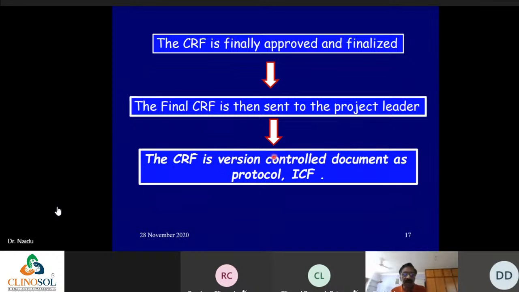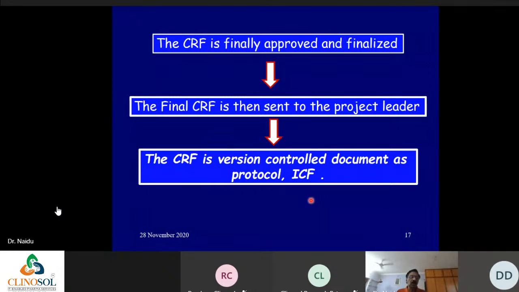given version control, like the protocol and ICF, because the protocol has got a version, and the informed consent also has got a version and date. Similarly, the case record form should also have the same version of protocol and ICF.